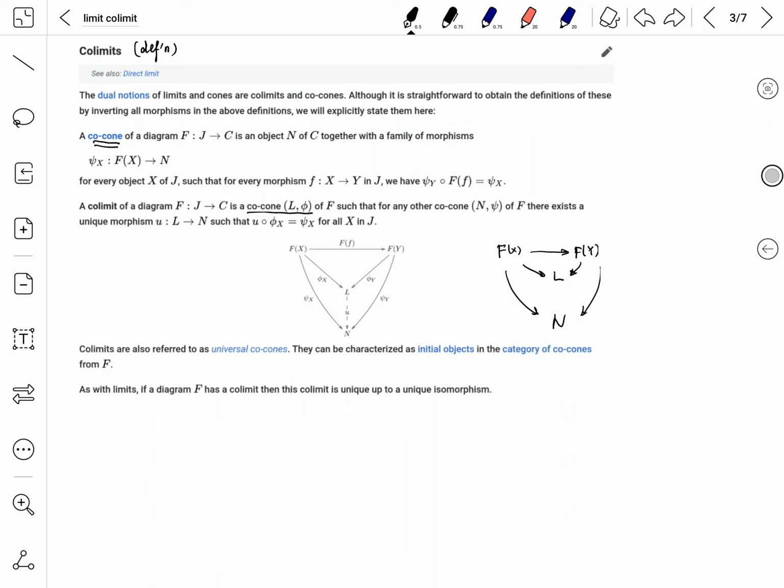Then that factors through L, which means this time it's in this direction. You start from here to here, you factor through L. That's called factoring through. Colimits are also referred to as universal cocones. They're characterized as initial objects in the category of cocones, obviously. As with limits, if a diagram F has a colimit, then the colimit is unique up to isomorphism.